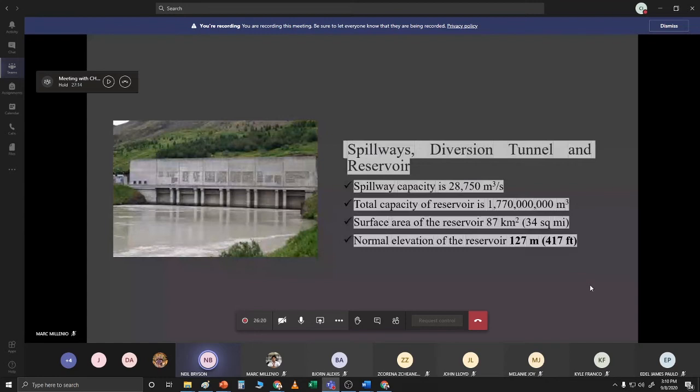Surface area po ay of the reservoir is 87 kilometer per... Normal elevation of the reservoir is 127 meter. Next.